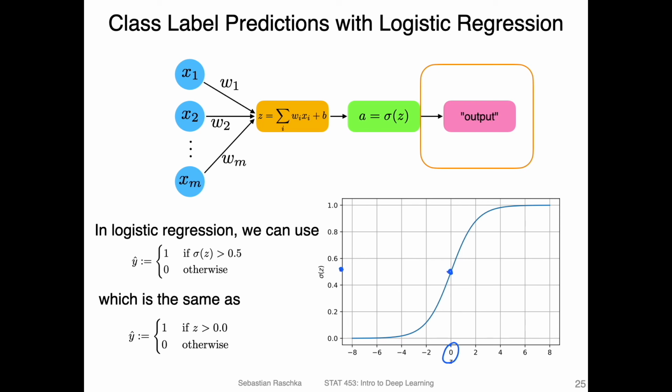So everything above 0.5 is y hat class label 1, and below it y hat is class 0. But we know if we have the threshold 0.5, it corresponds to a net input of 0. So we can also just say if the net input is greater than 0, then it's class label 1. If it's smaller than 0, then it's class label 0.